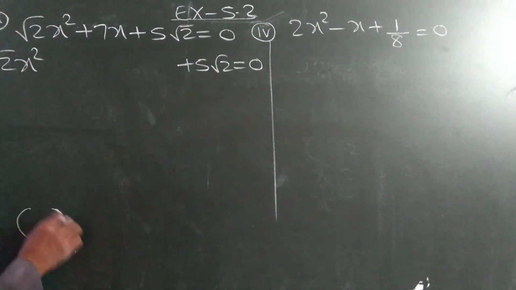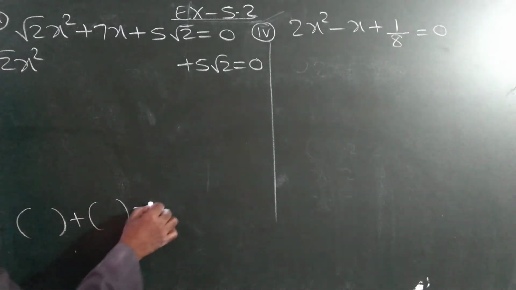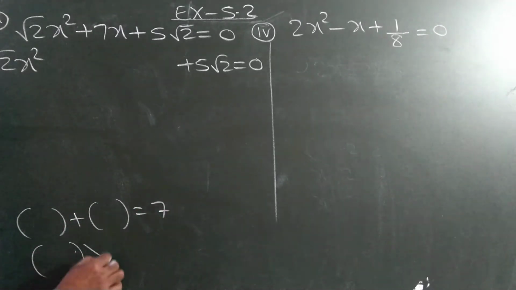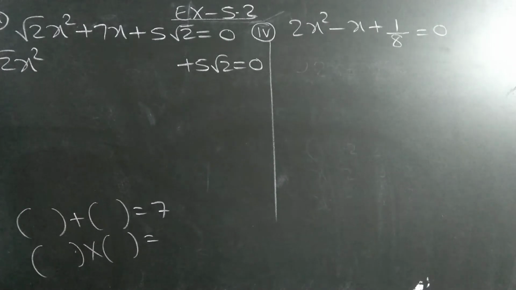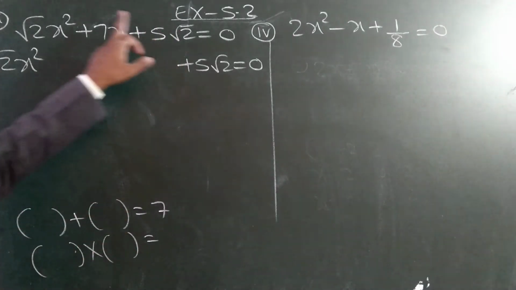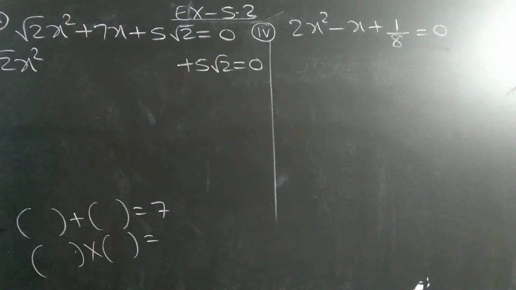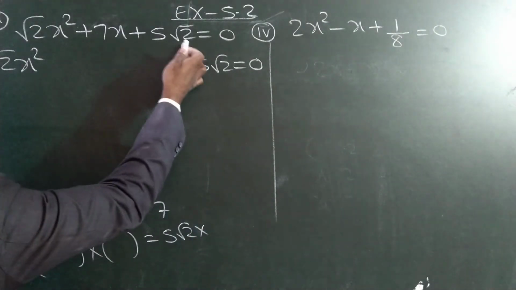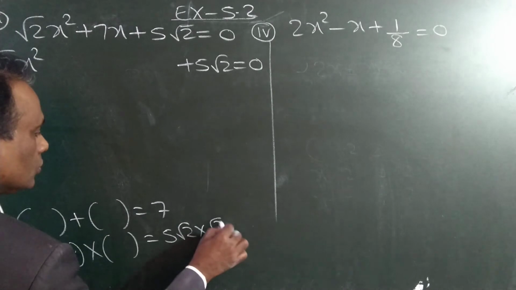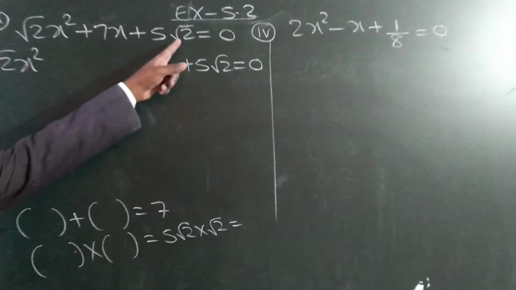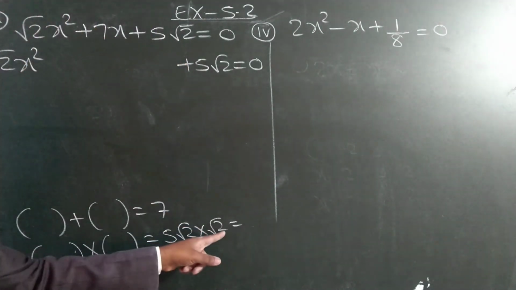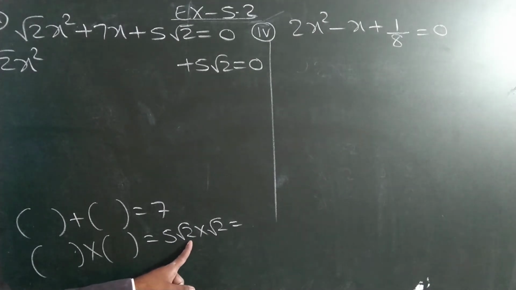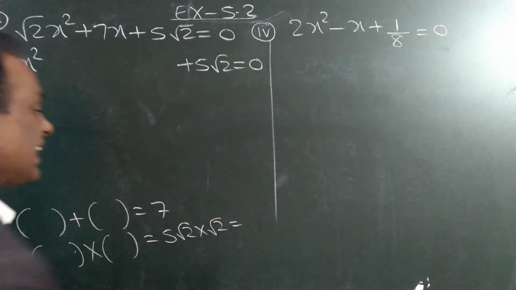The product should be 5 root 2 into root 2. Root 2 into root 2 is root 4, root 4 is 2, 2 into 5 is 10.